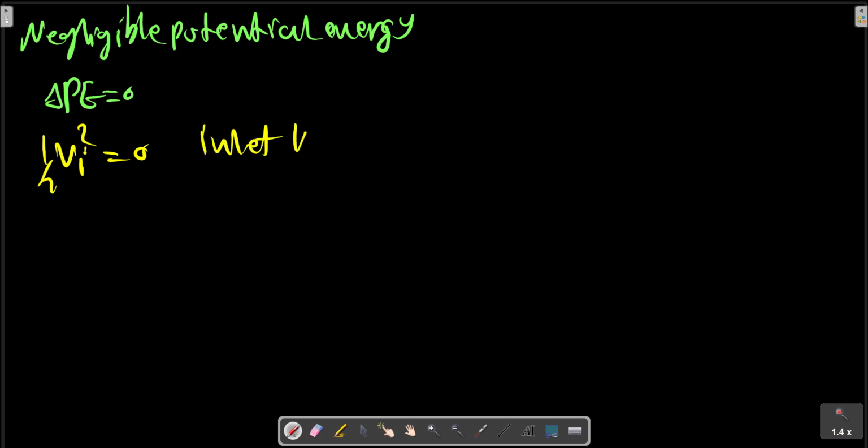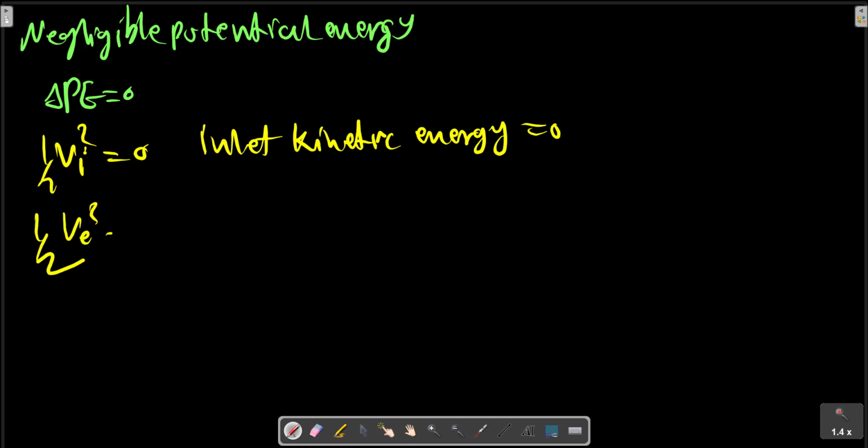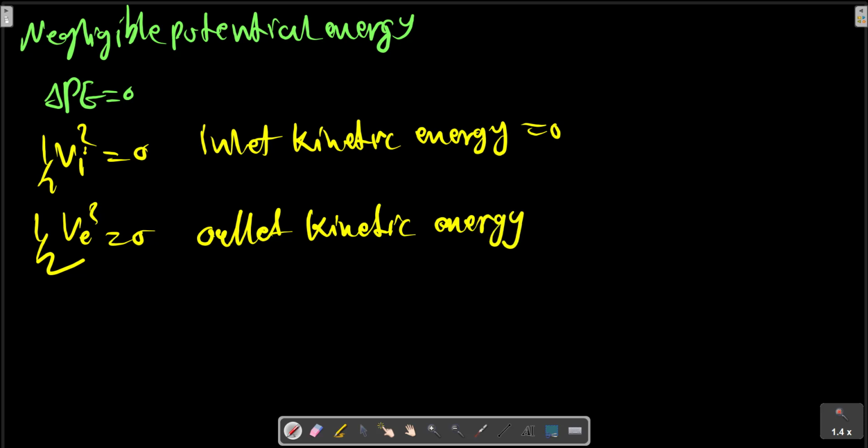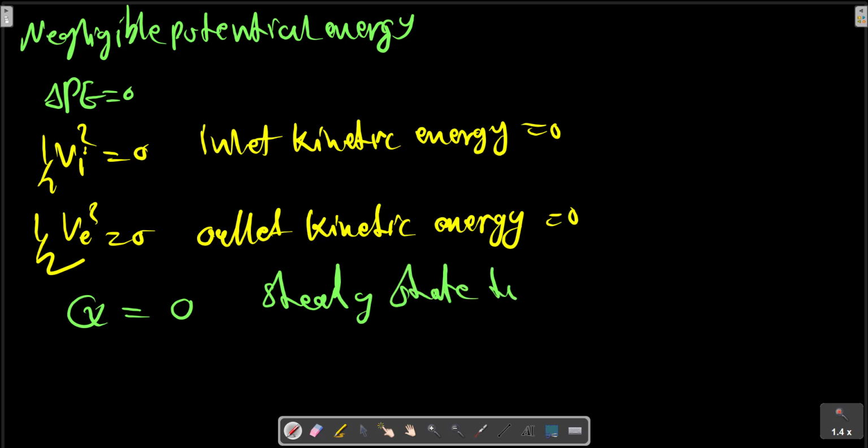Often the exit kinetic energy is neglected, and any heat rejection from the turbine is undesirable and is commonly small, so Q equals 0 for a steady state turbine.